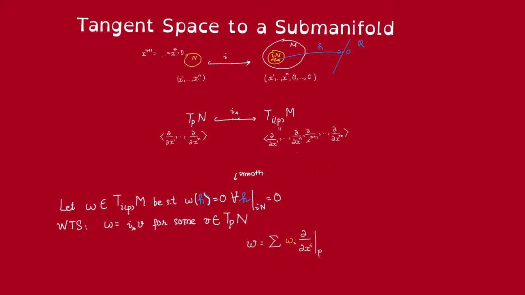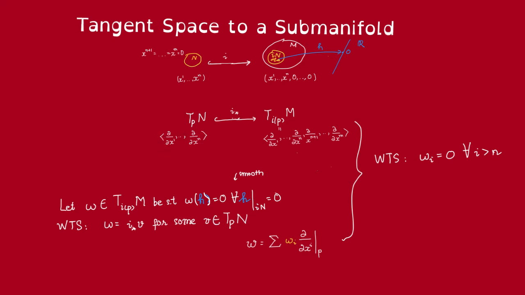Then we can see that in that case, the tangent space to N at p, when viewed as a subspace of the tangent space to M at p, is just going to be the span of these first n tangent vectors. So to show that w lies in T_pN, we just need to show that the last m minus n coefficients of w are 0, so that w actually lies in this span.